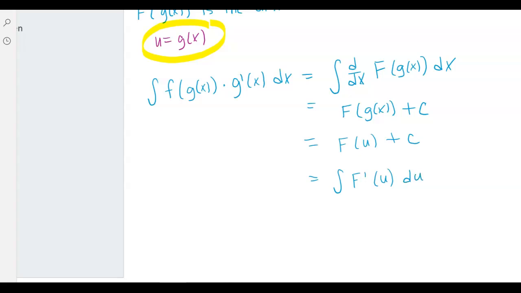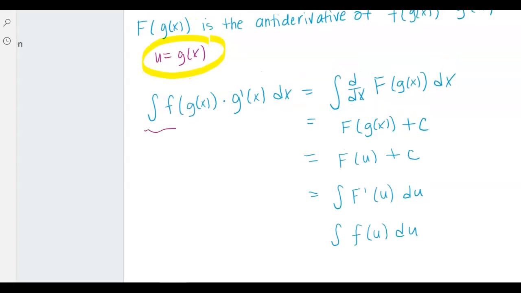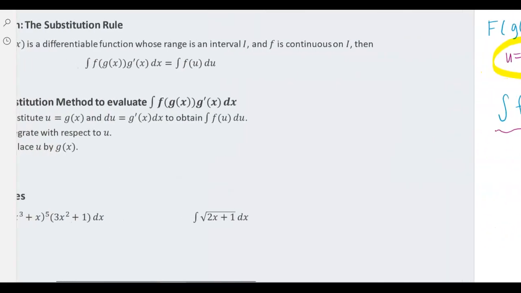And then using the substitution of capital F being the antiderivative, we can say that this is just lowercase f of u. What we've effectively done is made a variable substitution between what we started with, which looked very complex, and we changed it into something more simplistic, hopefully something that we know how to integrate using the techniques we have from before. Let's do a couple of examples to show how this works.